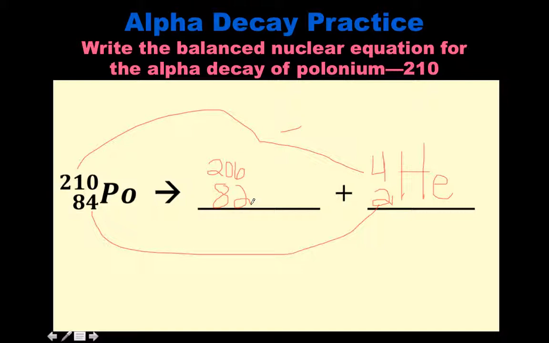Atomic number 82 is lead, which is Pb. Okay? So again, to get 210, we take 206 plus 4, you get 210. And element 82 plus 2, you get 84.